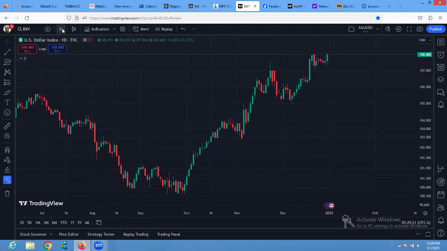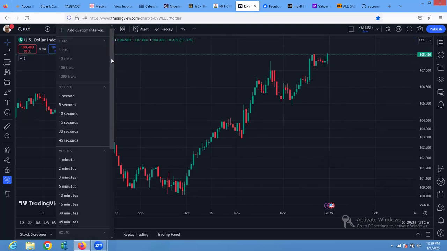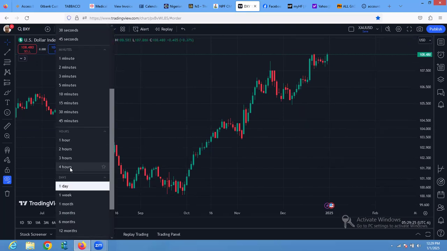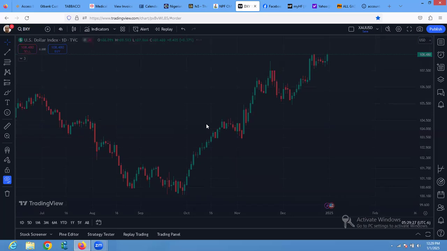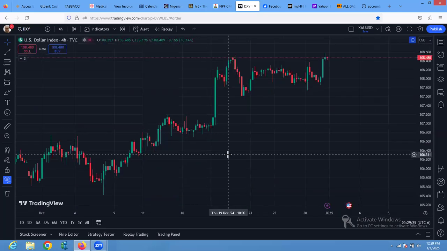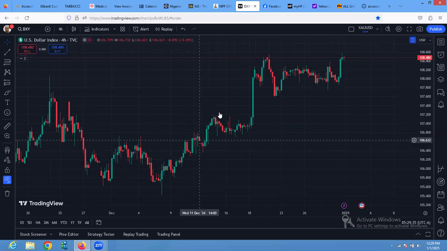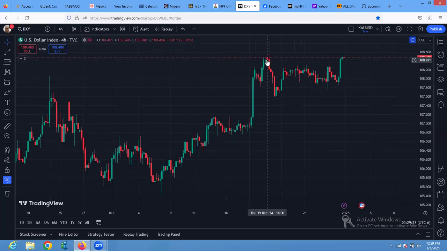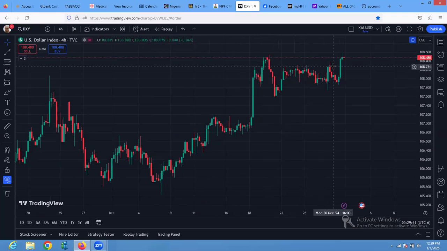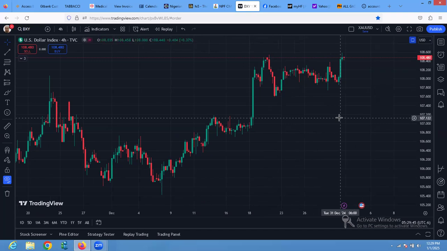So let's go to the 4-hour time frame. Looking at the 4-hour time frame, I thought that it's a three-wave structure, 1, 2 and 3, and that we're going to do a three-wave down, which is like we expected that this will go down to give us an ABC around 50.